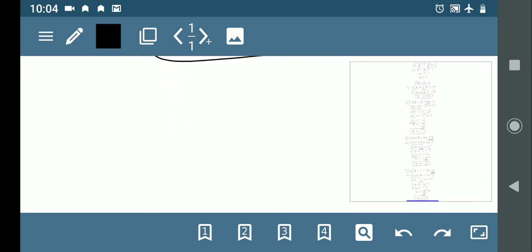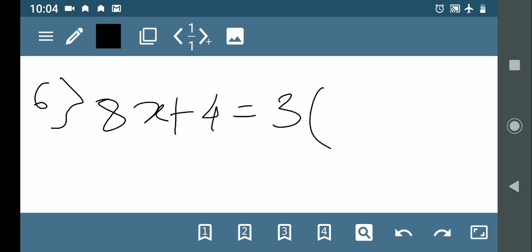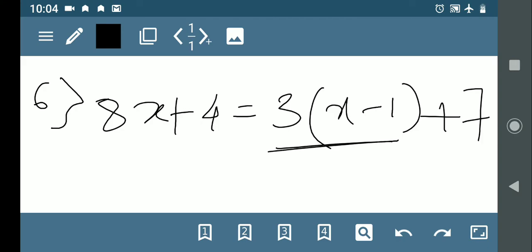Next, sixth question. 8x plus 4 is equal to 3 of x minus 1 plus 7. So first thing in any equation, what we have to solve is brackets.